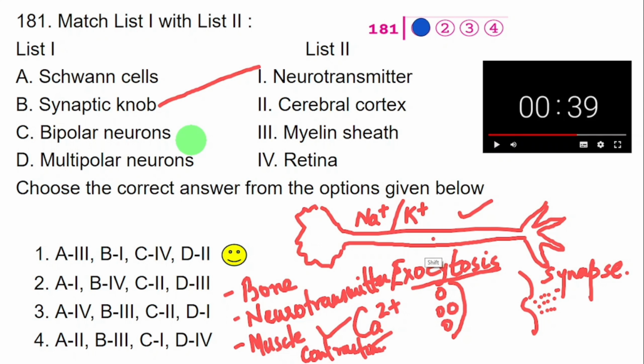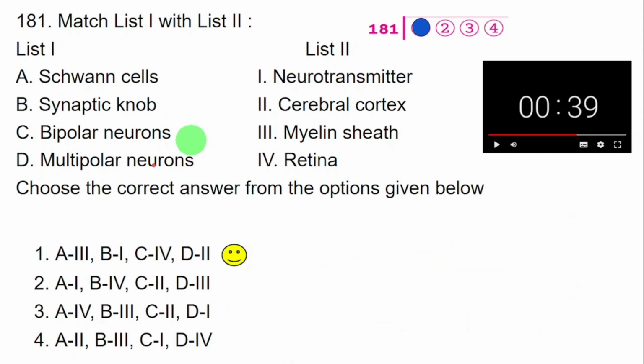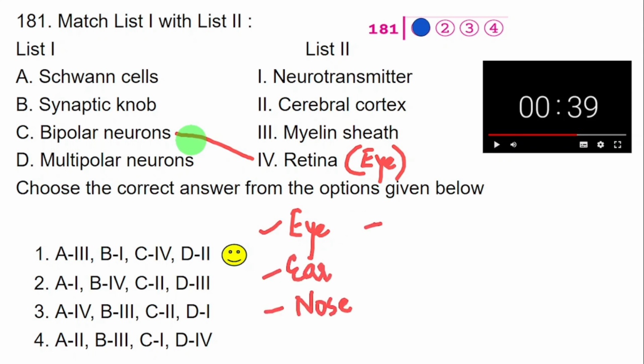Okay. So next one, bipolar neuron. There is only one statement given in the chapter neural control and coordination about where bipolar neurons are seen. It is retina. Retina is a component of the eye. Bipolar neurons are seen in the eye, then ear and nose. The eye will detect photons. Ear, signals mediated by sound.